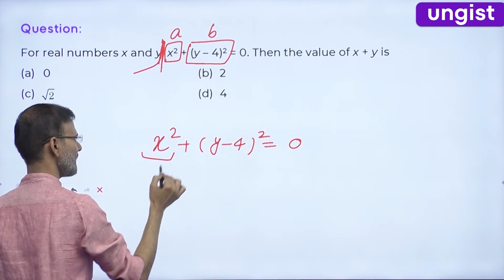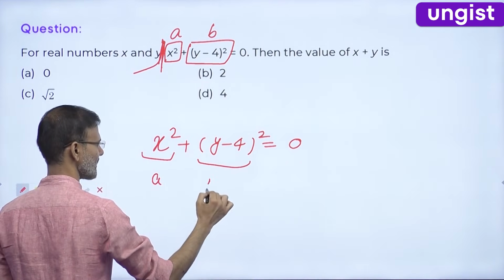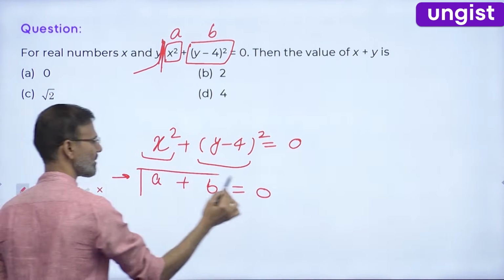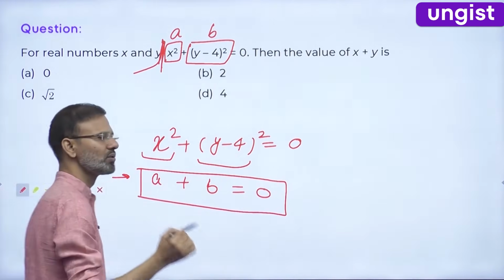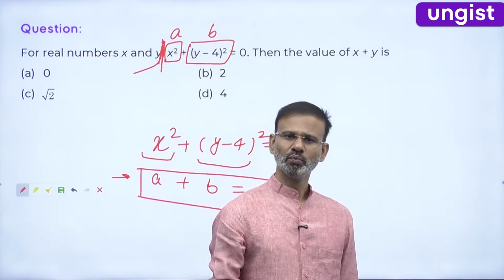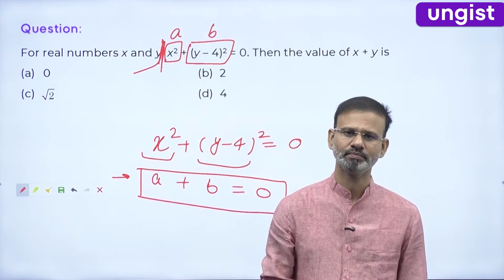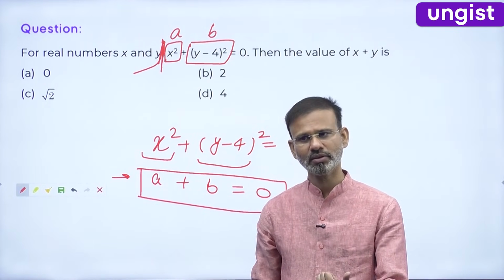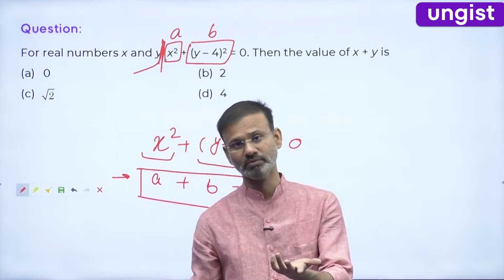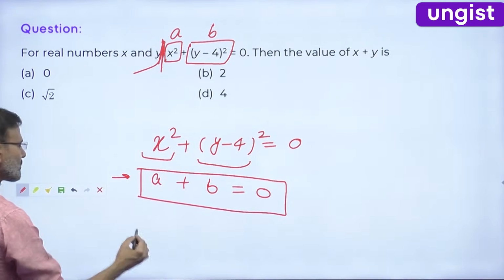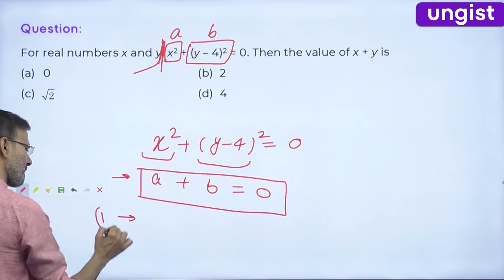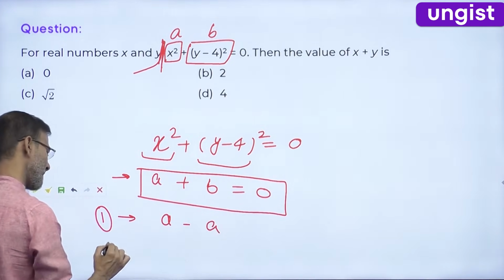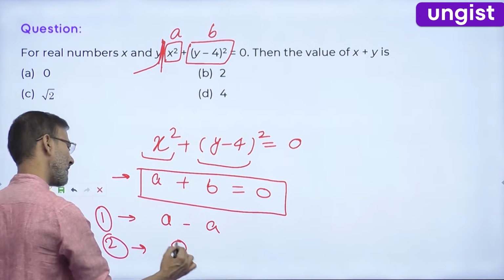So let's say this is A and let's say this is B. So A plus B is equal to 0. Everyone, the sum of two numbers is equal to 0. What are the possibilities? One positive, one negative, ठीक है. Any other thing? Both are individually 0. Right? So friends, the possibilities are, if it is A, it can be minus A. This is first possibility. Second possibility is both of them individually are 0.